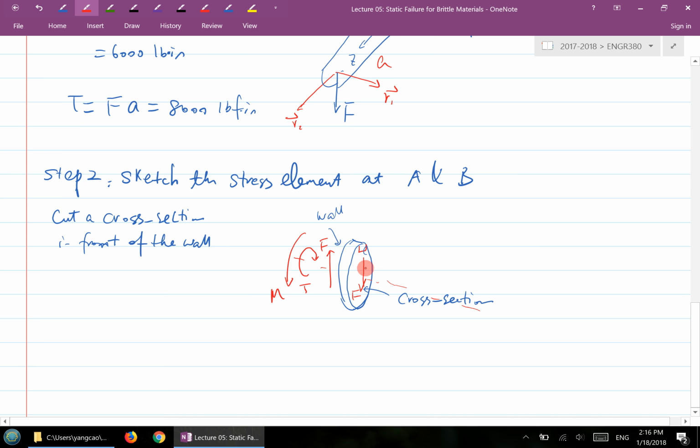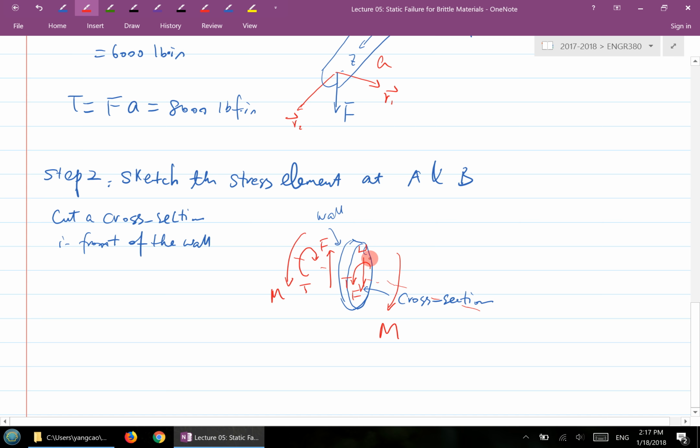And then you also have a torque to balance this torque, which is in this direction. And you also have a moment on this side to balance this moment. So that'll be this way here. Okay, so this is the precise free body diagram for that slice at the end of the rod.